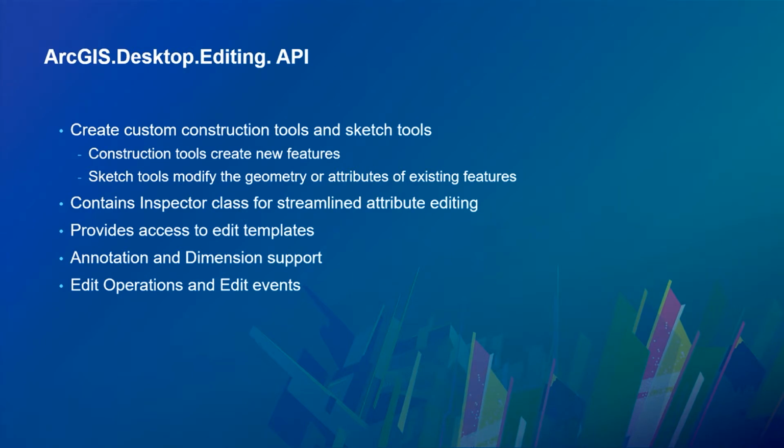We have the explicit annotation and dimension feature support that are coming in, and another entity in the namespace is the pattern of edit operations, as well as access to the events. So once the features are completed, there are the row level events. And we'll talk about that on Friday. So that's a quick look.